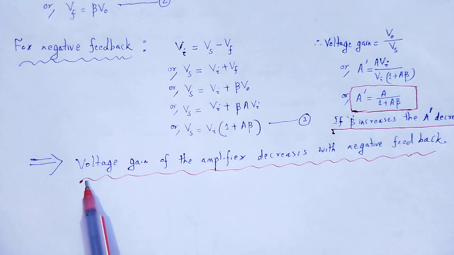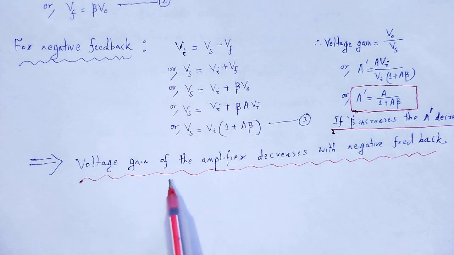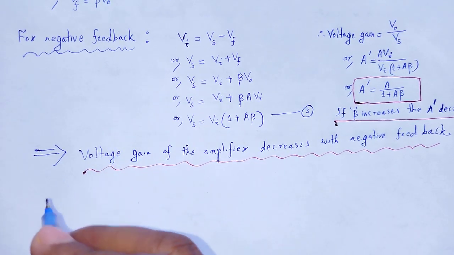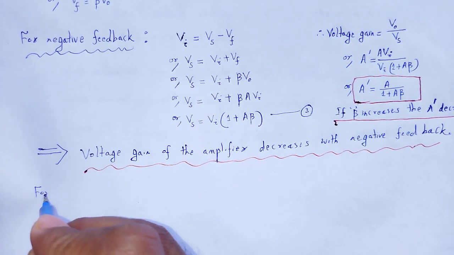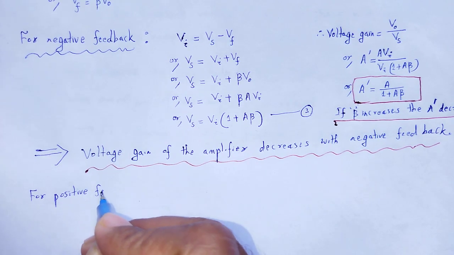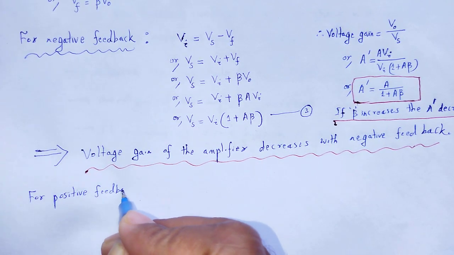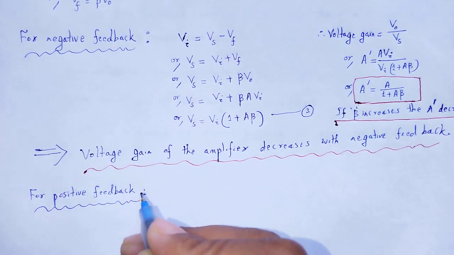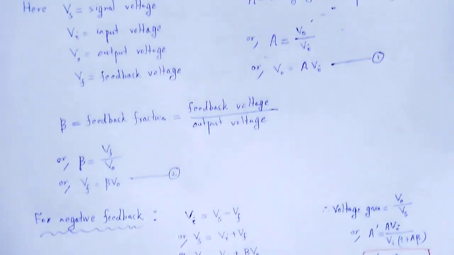So at that point we write that the voltage gain of the amplifier decreases with negative feedback. Next, what happens to the voltage gain for positive feedback?